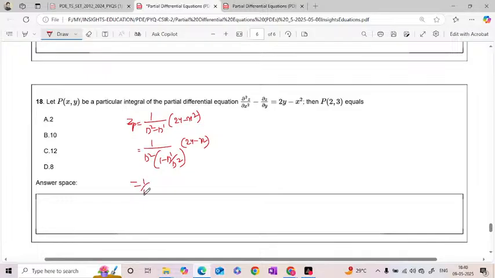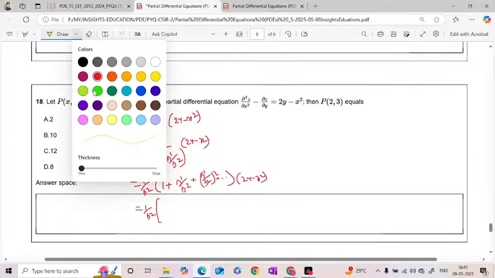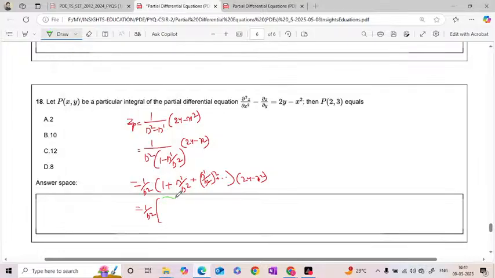After expanding by using the geometric series, 1 plus D dash by D square plus D dash by D square whole square, and so on, into 2y minus x square. So 1 by D square. Now the first term gives non-zero, the second term also gives non-zero. These two must give non-zero, the rest are 0.